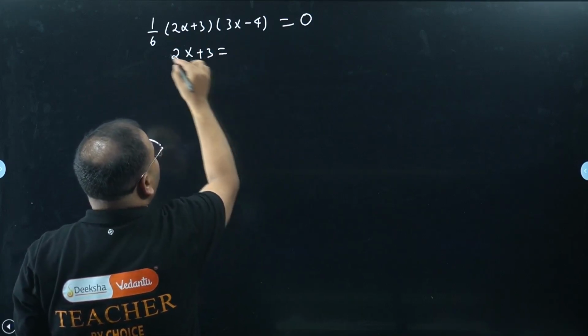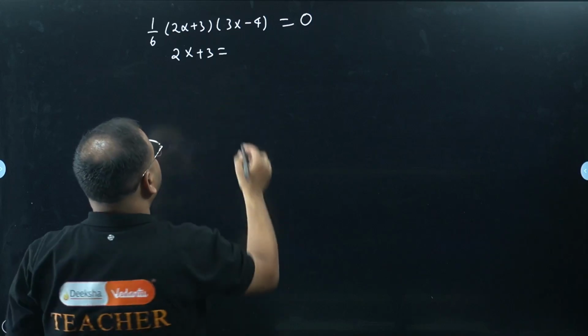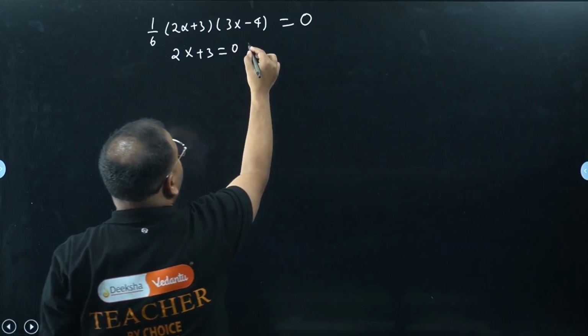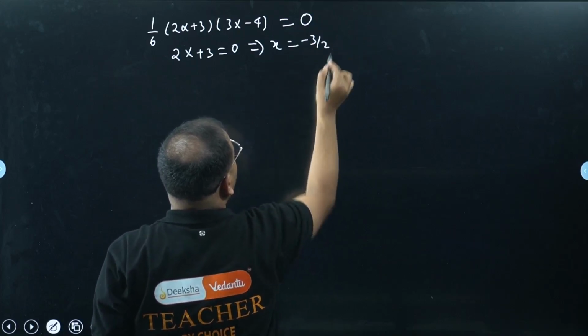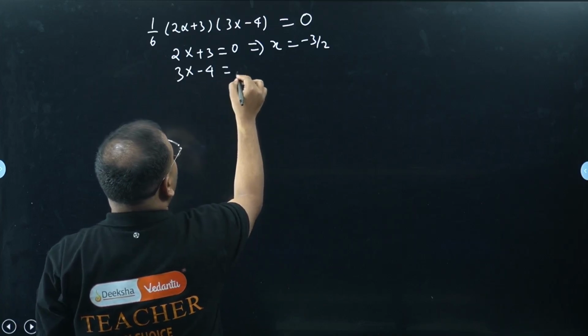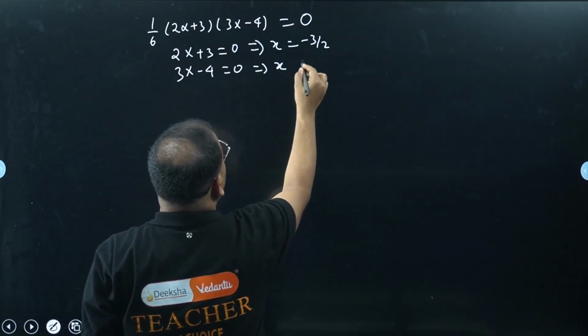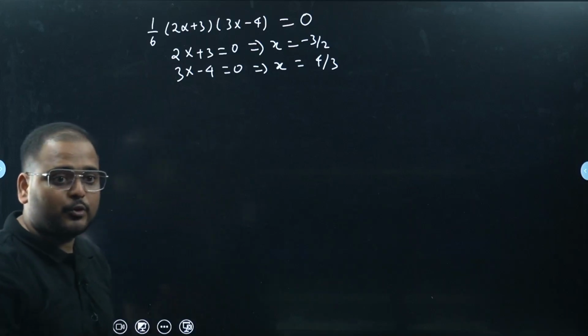Can 1 by 6 be 0? It's a constant, right? I can multiply on the other side. So this will be equal to 0. So x equals to minus 3 by 2. Next, 3x minus 4 equal to 0, which means x equals to 4 by 3. I have the two zeros now.